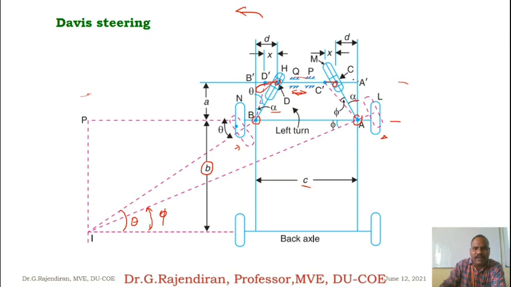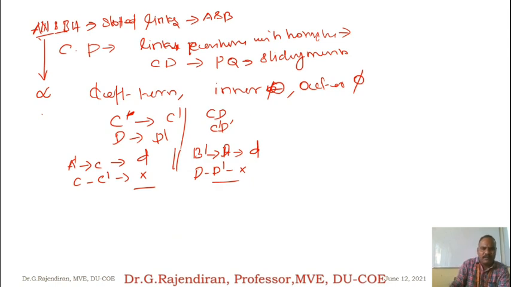Now from the geometry, what is A? Where is the point? A dash C dash. From the triangle A dash C dash.